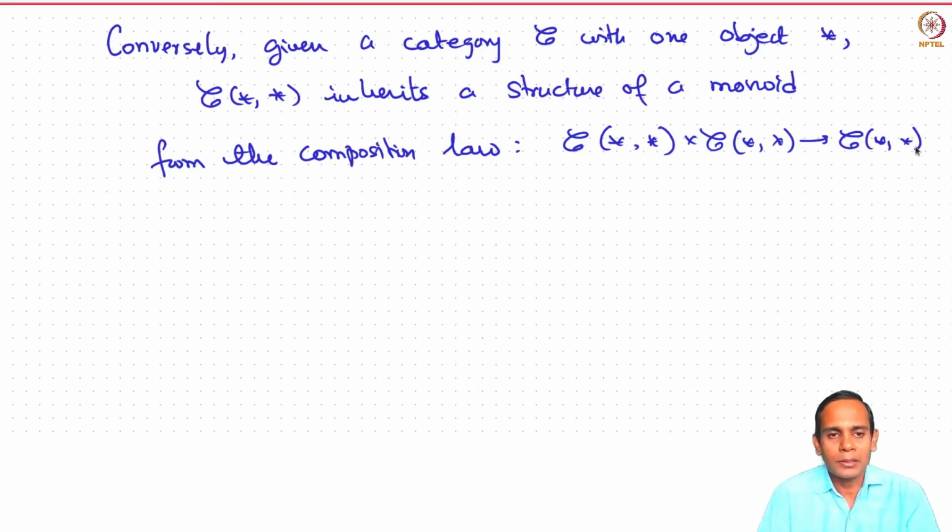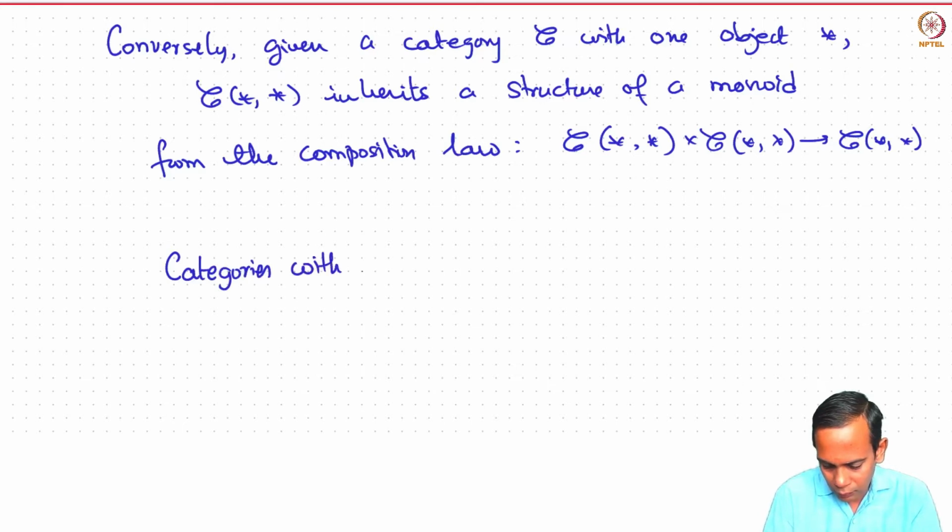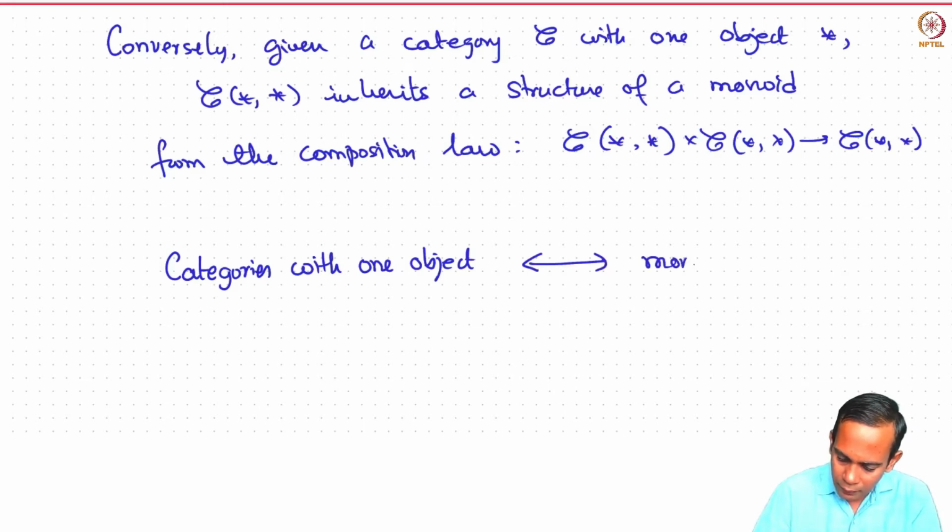It's a monoid because the associativity law for the category gives you the associativity law for the monoid, and the identity axiom for the category gives you the identity axiom for the monoid. So what we see is that categories with one object are the same as monoids.